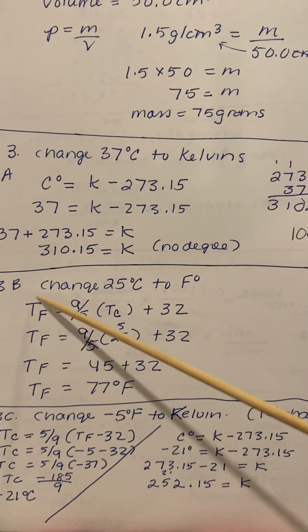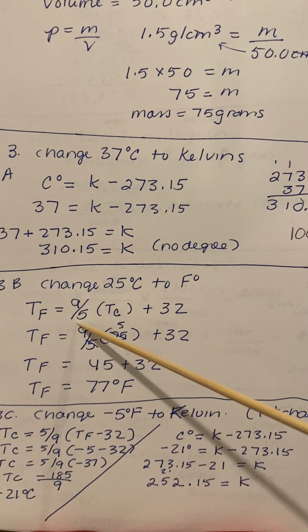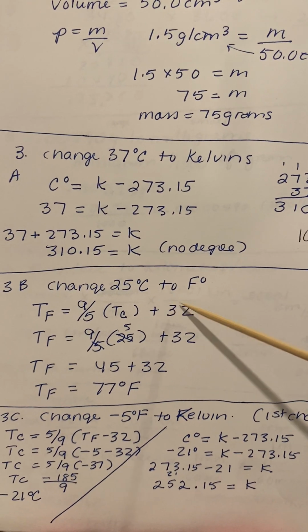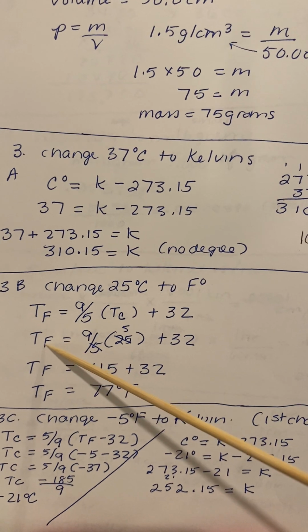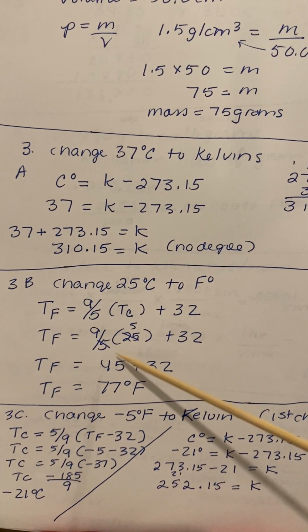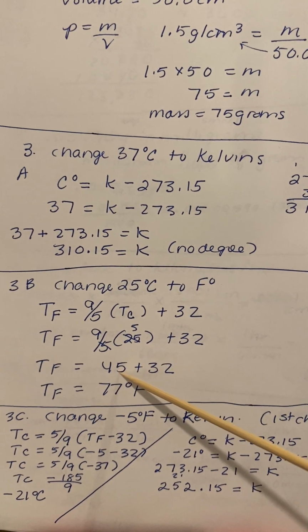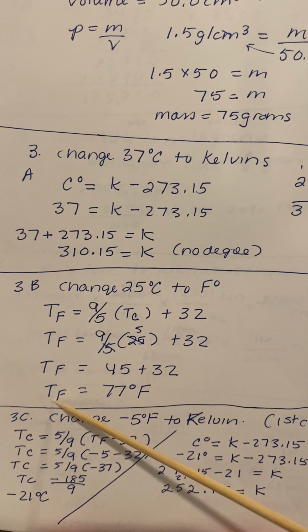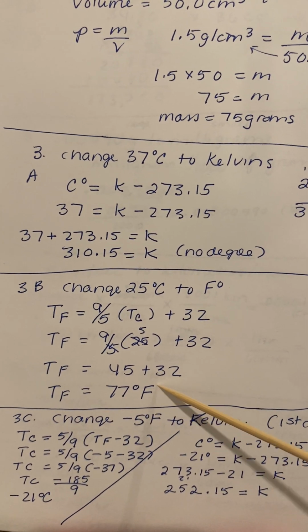So I have Fahrenheit equals 9/5 times your centigrade, 25 degrees centigrade, plus 32. So first I'm going to take 9/5 times 25, and I got 45, right? And then I'm just going to add 32, so the temperature is going to be 77 degrees Fahrenheit.